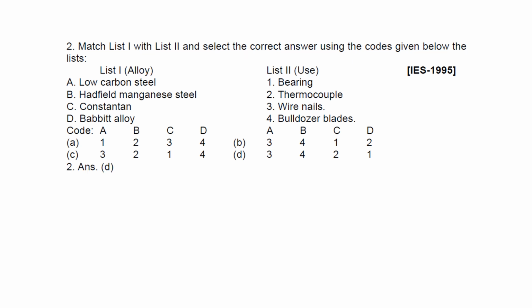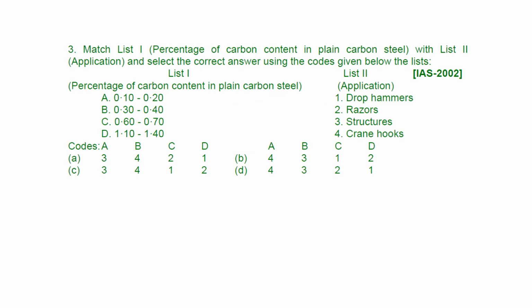Actually, low carbon steel is useful to make wire nails, and Hadfield manganese steel is useful to make bulldozer blades, and Constantan is useful to make thermocouples, and Babbitt alloy is for bearings. Its answer is D.